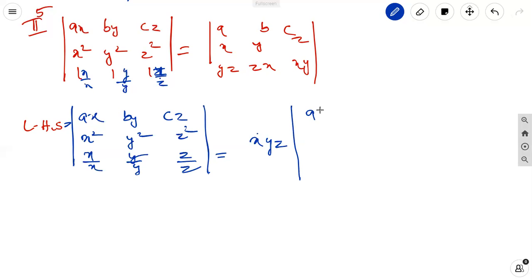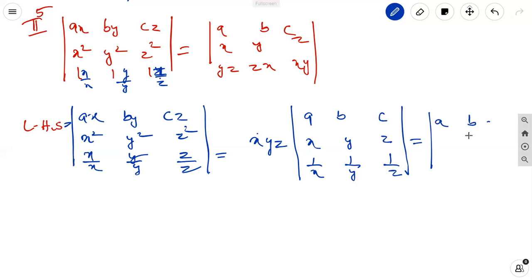Then it becomes ax by x. Common means we can write a, b, c, x, y, z, 1 by x, 1 by y, 1 by z. Is it clear? So this xyz is multiplied with only the last column.